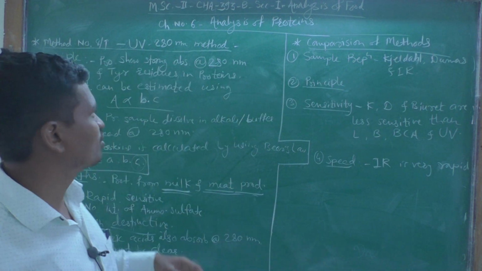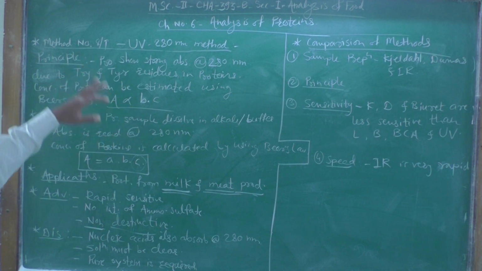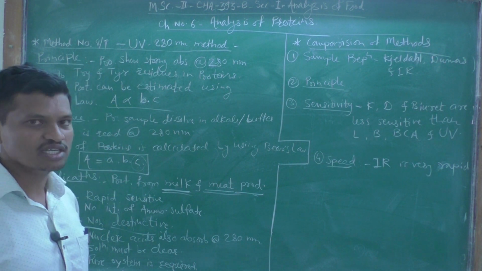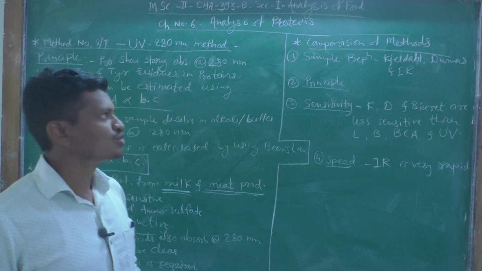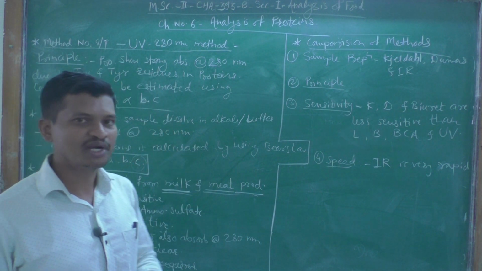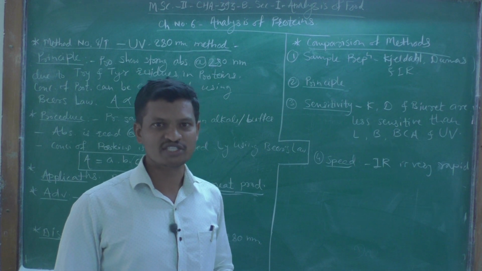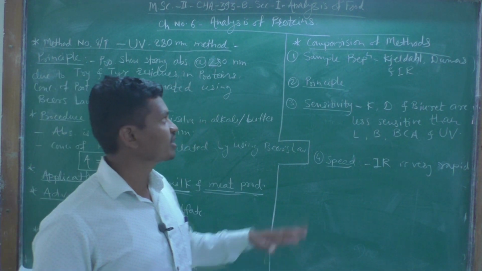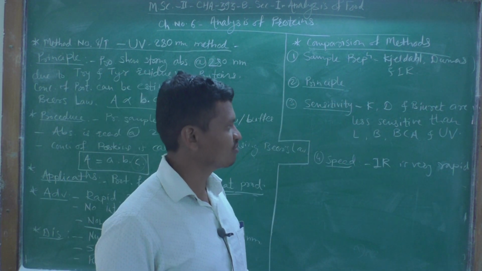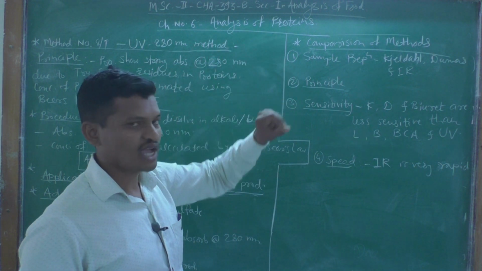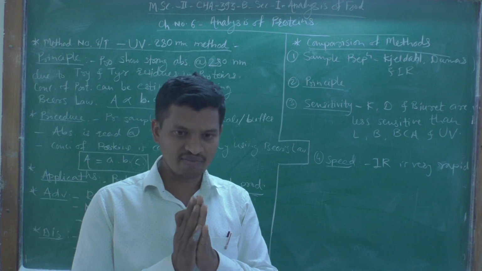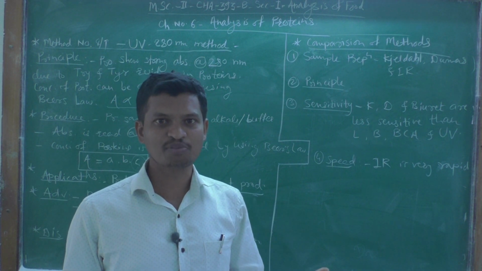So this is all about our last method, that is known as the UV 280 nanometer method. In this way we have completed all the methods for protein estimation. Now come to the last point of this first section of this chapter, that is analysis of proteins. Analysis of proteins is again divided into two parts as per our syllabus.